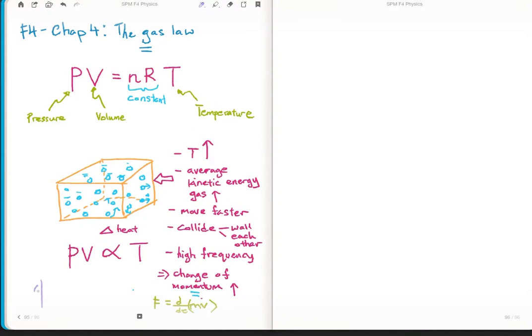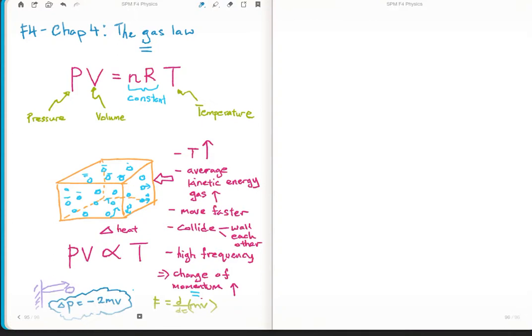Where you have a wall, your atom of mass m bounces back, the small change of momentum, p, is actually equivalent to negative 2mv, isn't it? This is what you have learned in Chapter 2. Why is it negative? Negative is just a direction.